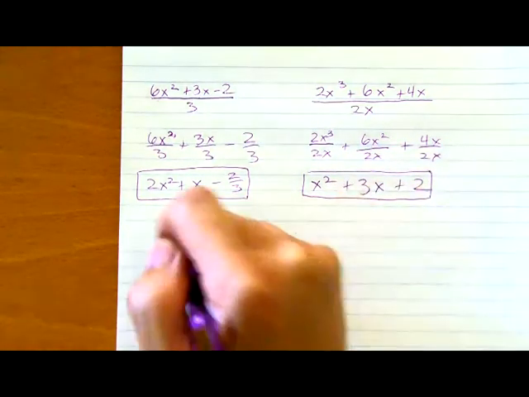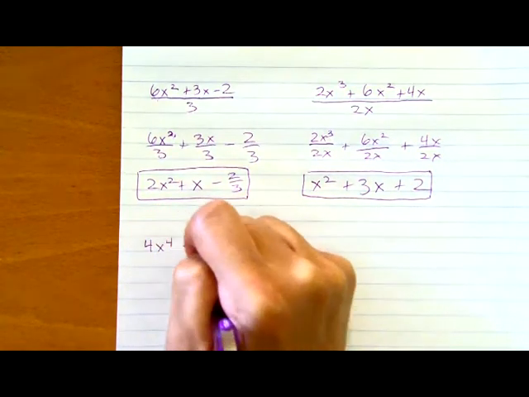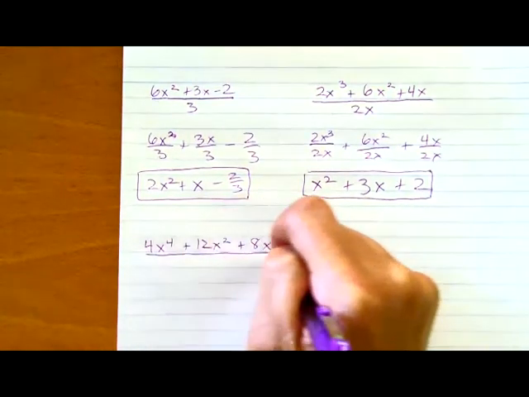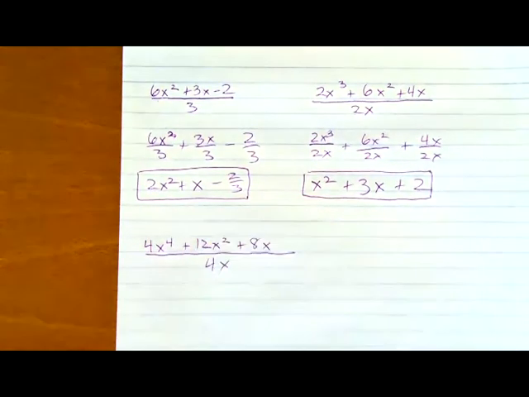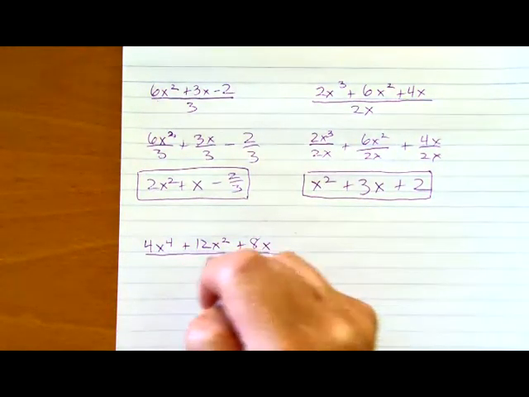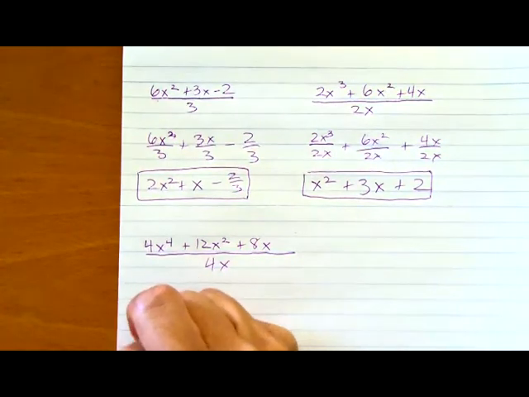4x to the fourth plus 12x to the second plus 8x divided by 4x. Okay, so since we're dividing by a single term, 4x, we're going to divide each term separately by 4x.